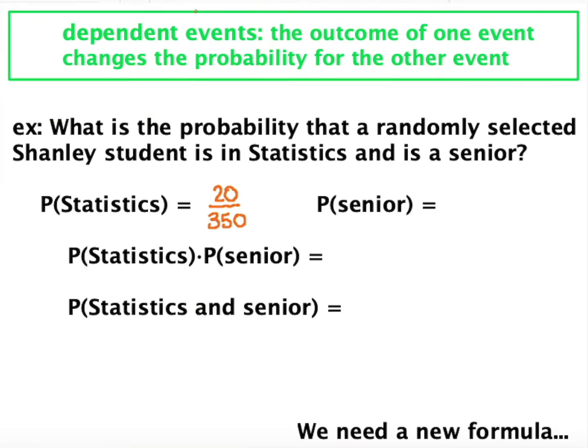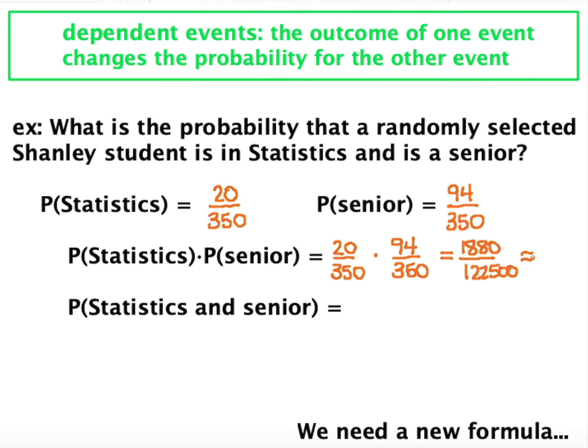Randomly selecting a senior from Shanley. Last time I checked, there were 94 seniors, so we'll say 94 out of 350. Now, what's the probability of being in statistics times the probability of being a senior? So that comes out to 1.5%.